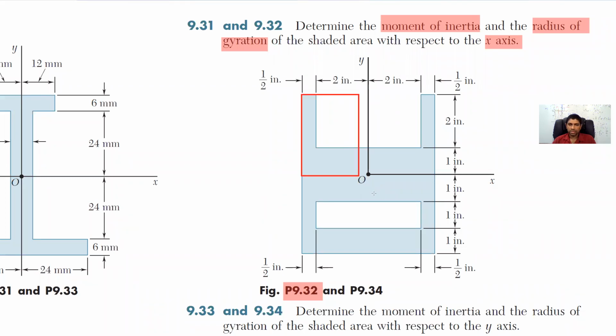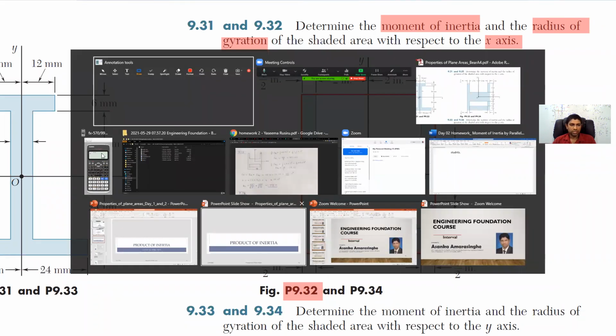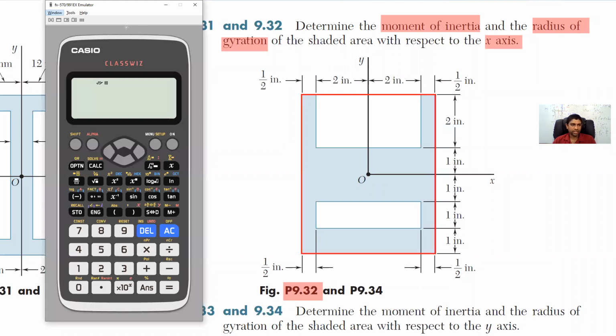One method that I suggest is we can consider the biggest rectangle of them all, and the given xy coordinate is the centroid of the biggest rectangle. Therefore, we can write down the moment of inertia of the biggest rectangle, the one I have in red color.